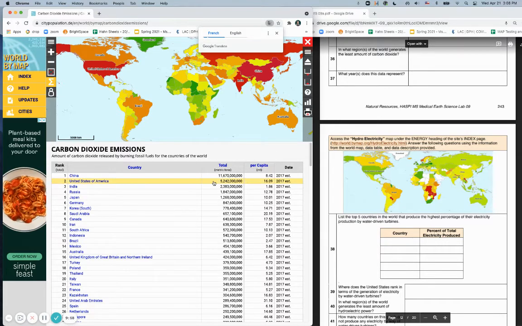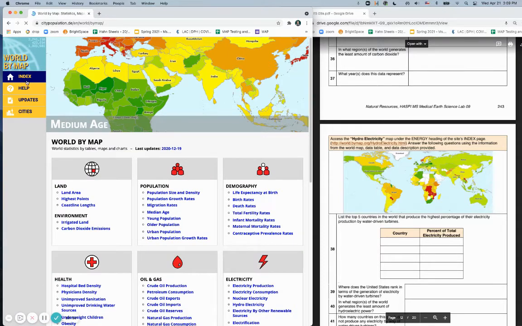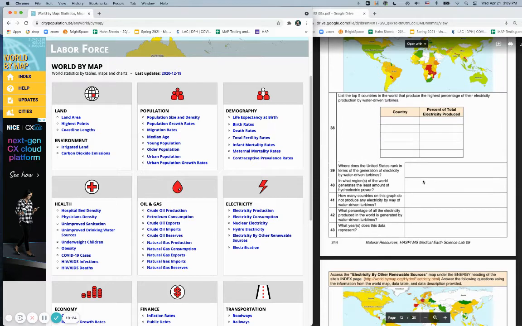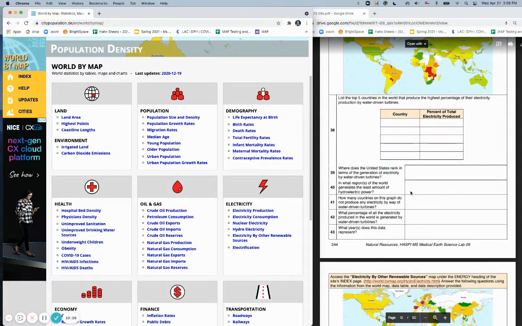Hydroelectric is using water to produce electricity. So those hydroelectric dams are one of the ways that we're trying to have clean energy. So under electricity, you're going to go under hydroelectricity, and you're going to answer those questions about the countries that are producing a lot of their electricity through water generated turbines.